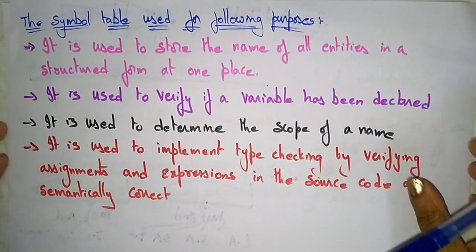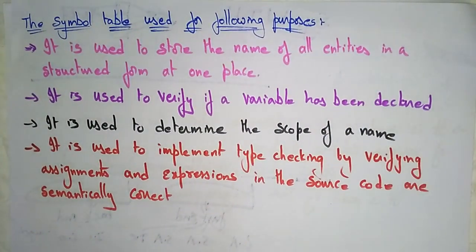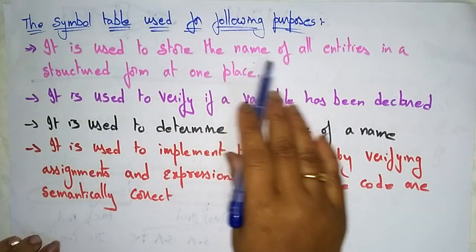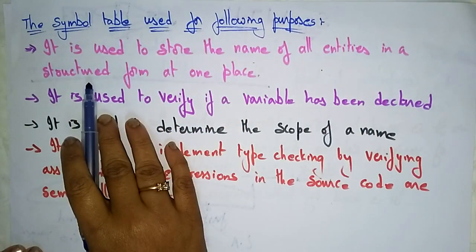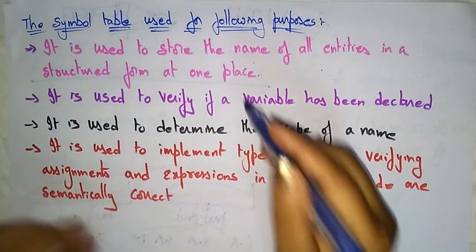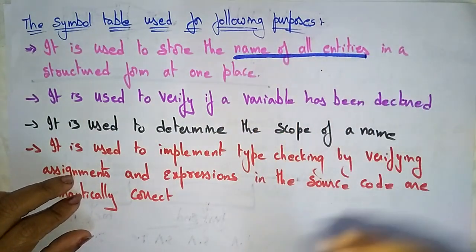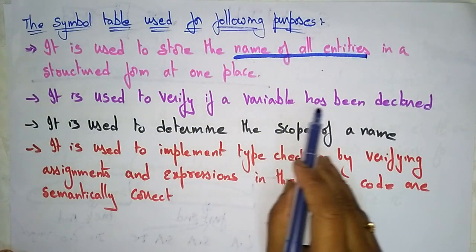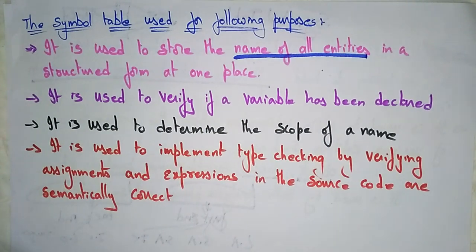The symbol table is used for the following purposes. Let's see the different purposes. It is used to store the names of all entities in a structured form at one place. The first thing is that the names of all entities will be stored in the symbol table. It is used to verify if a variable has been declared or not. Why are we storing the names of all the entities in the symbol table?